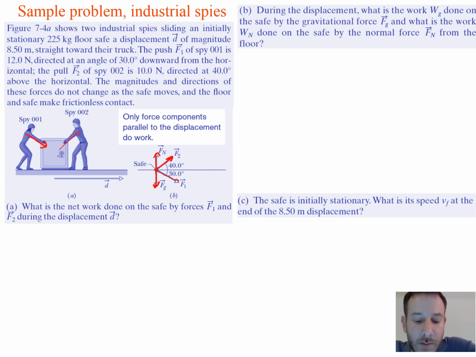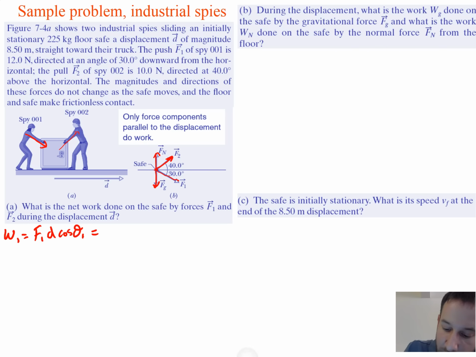So the first question is, what is the net work done on the safe by the forces F1 and F2 during the displacement? We first want to see what each contribution to work is. We'll do spy 1 first. Our work 1 is going to be force 1 times the distance times cosine of theta 1, which is 30 degrees.